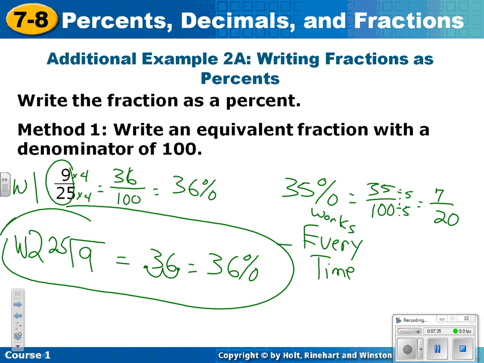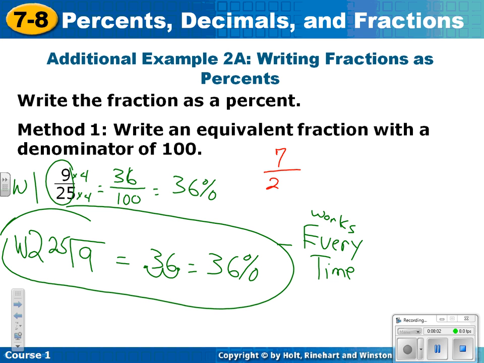Can you guys think of a time when the first one wouldn't work? When wouldn't that work? The denominator, exactly. When the denominator doesn't go into 100. So let's say we had this fraction, 7 over 23.